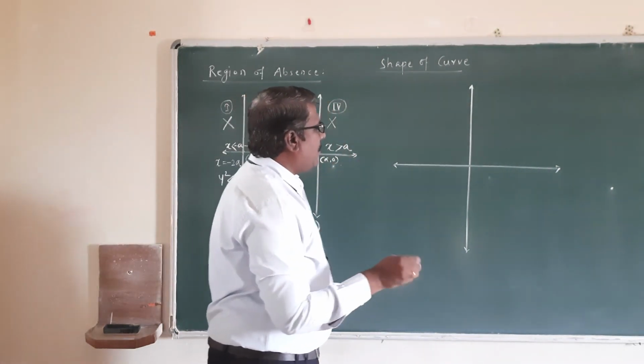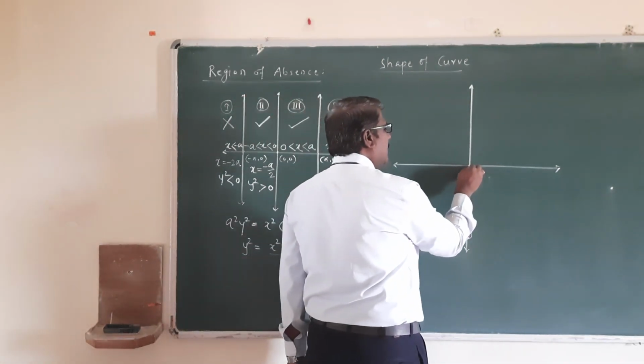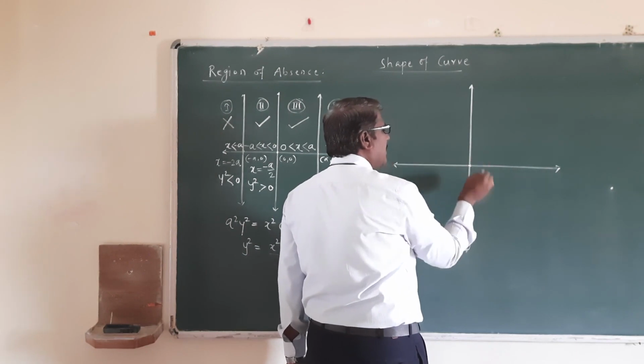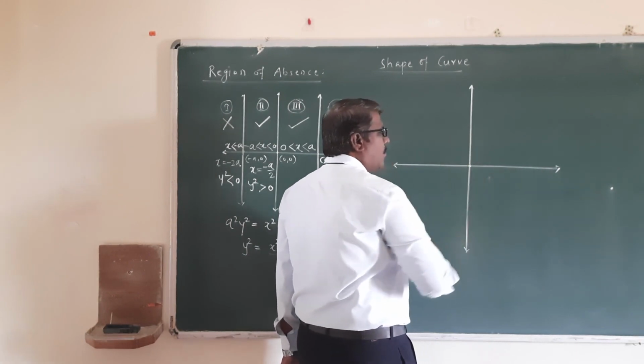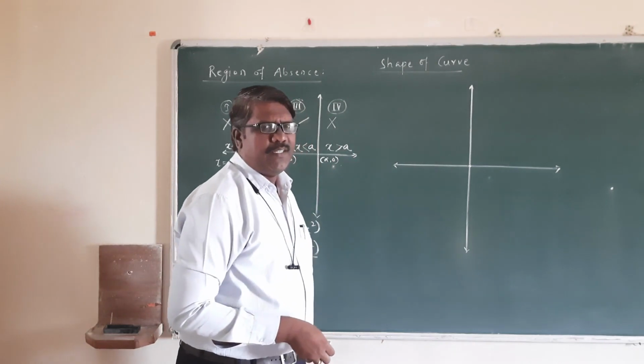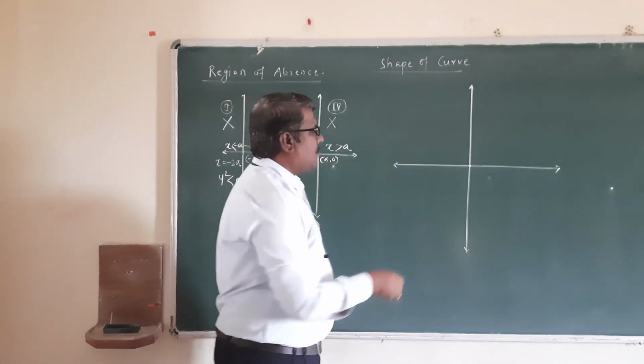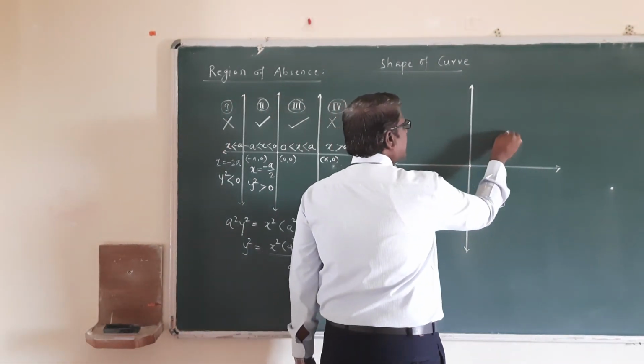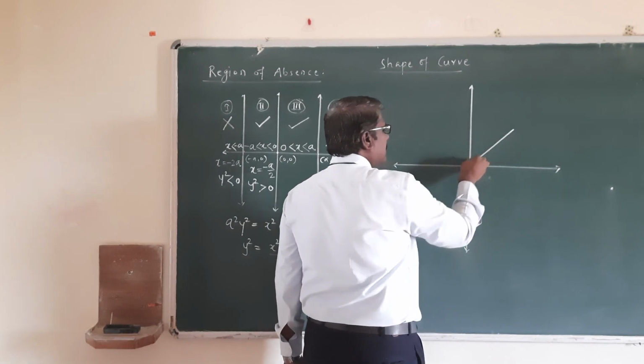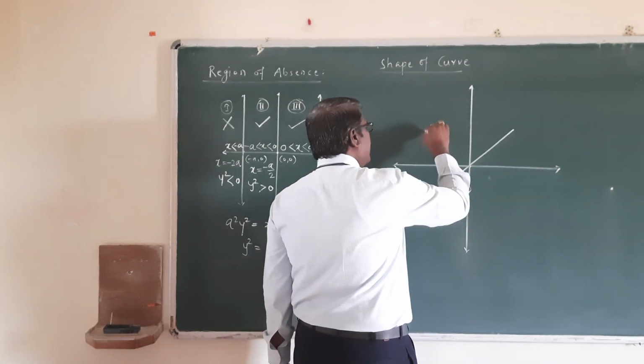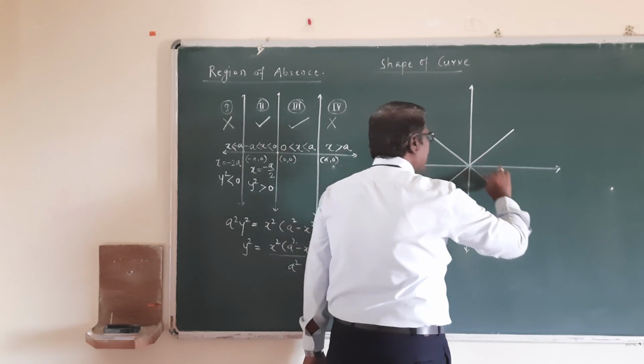The second point, origin. Yes, for the given curve the origin is present. At the origin, what is the equation of the tangent? Just now we have seen at the origin the tangent is y is equal to x with this line and y is equal to minus x with this line.